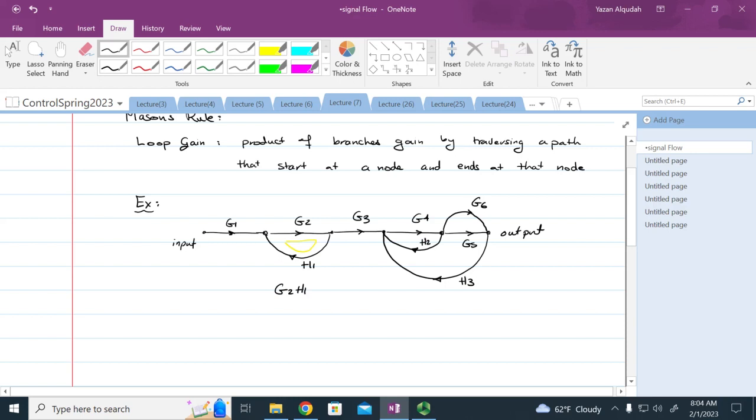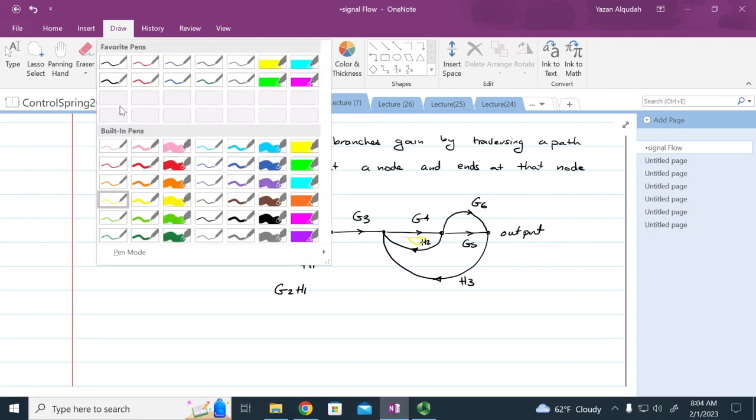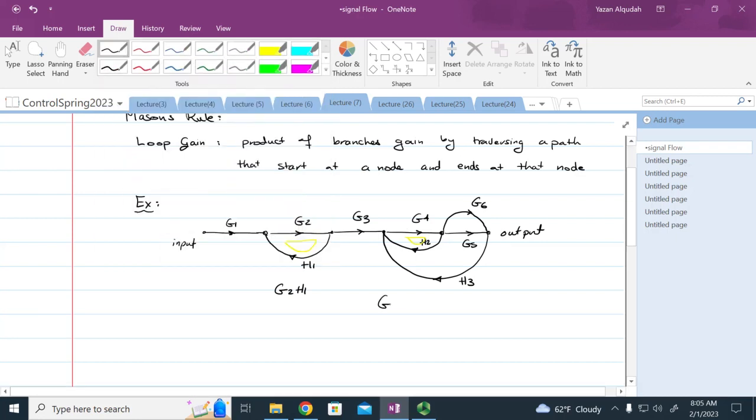What other loops do we have? G4, H2. Very good. We have a loop here that is G4 multiplied by H2.